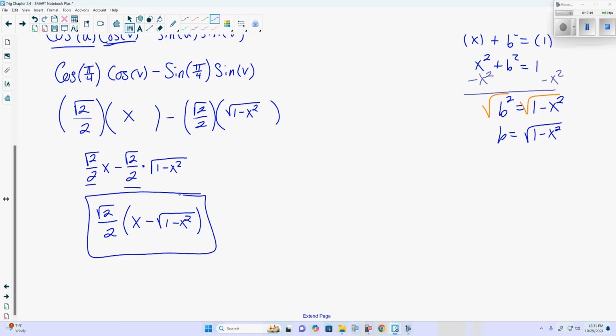Textbook did it a little differently. I'll show you that here. Really what they did is they actually multiplied these together, which is really just saying that we have square root of 2 times x over 2 minus the second one. Because these are both the same radical, we can multiply through. So we'd have the square root of 2 times 1 is 2, minus 2 x squared, giving us x square root of 2 minus square root of 2 minus 2x squared.